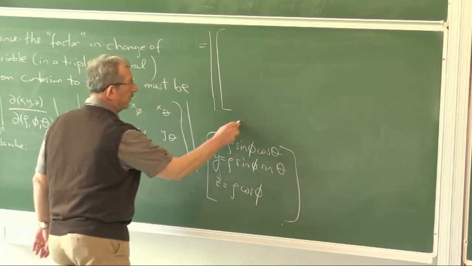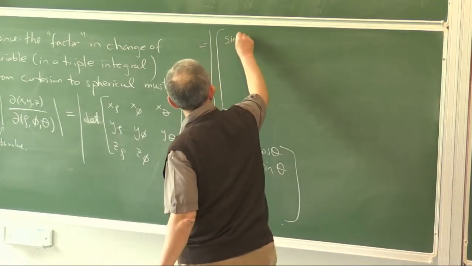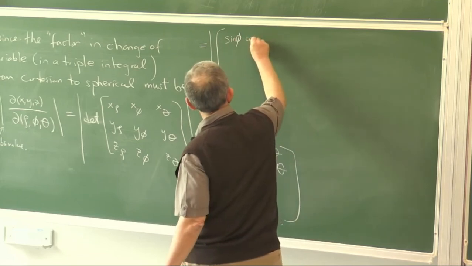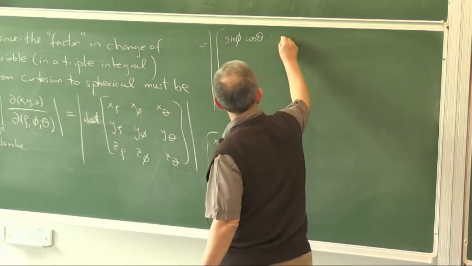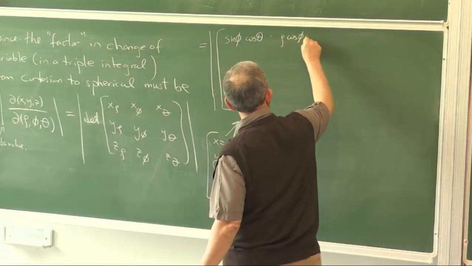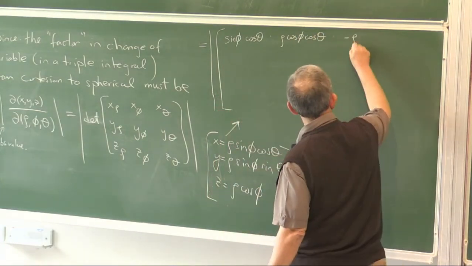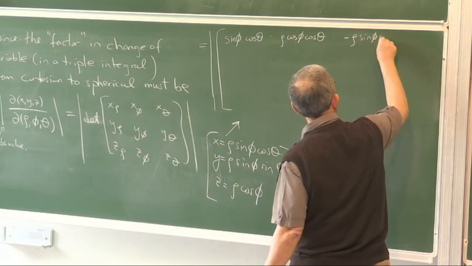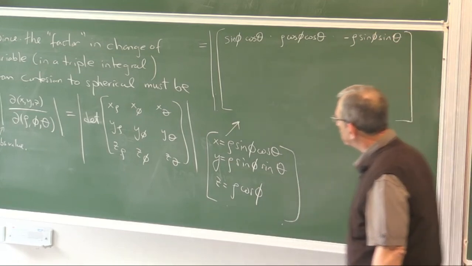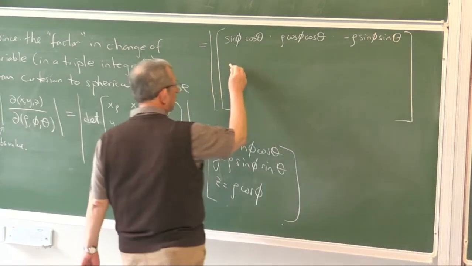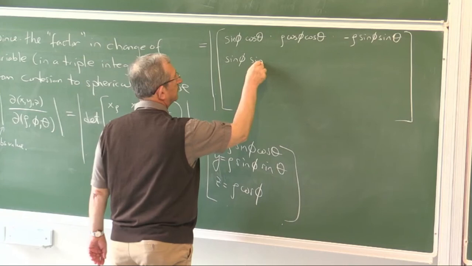So, using them, let us take these derivatives. We have sine phi cosine theta, derivative with respect to rho. With respect to phi, it should be rho cosine phi cosine theta. With respect to theta, it would be minus rho sine phi sine theta. Now the second one, we obtain sine phi sine theta.